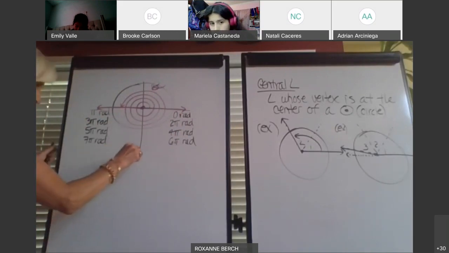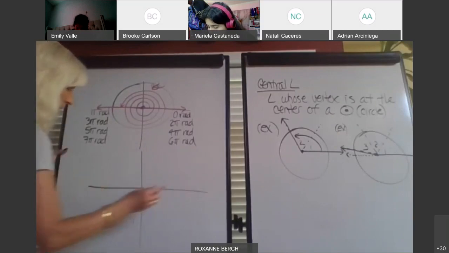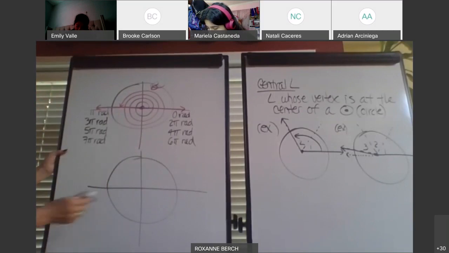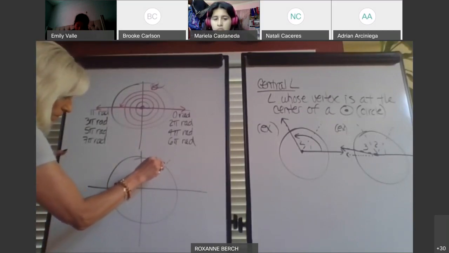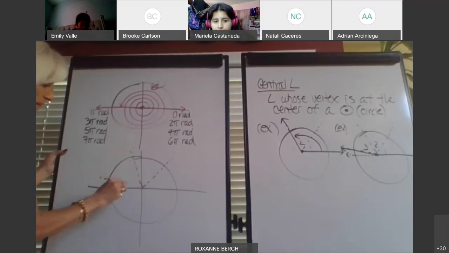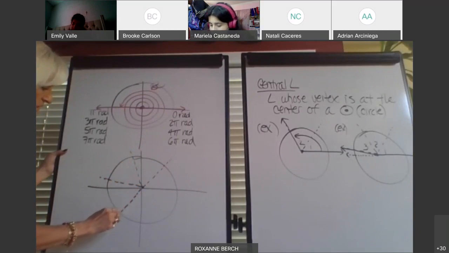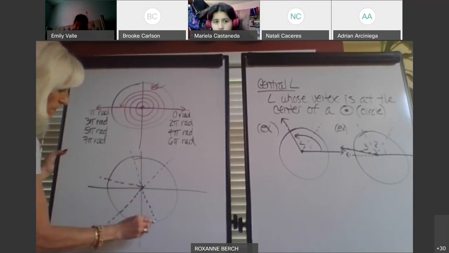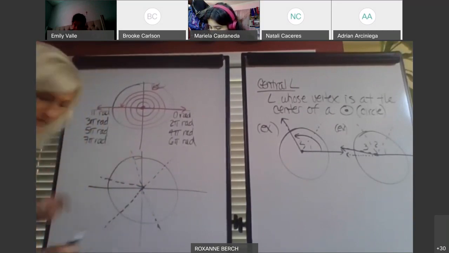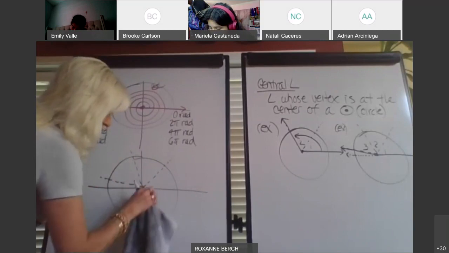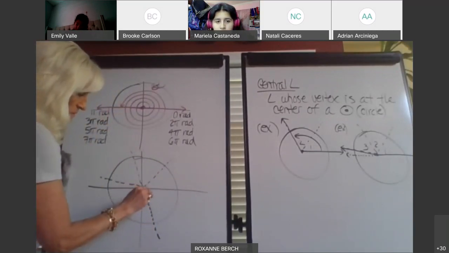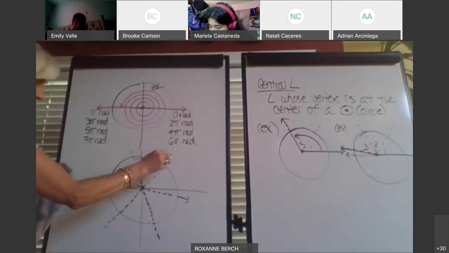One thing that'll be useful, I'll draw one more picture here. There's your 1 radian, 2 radians, 3 radians, 4 radians, 5 radians, kind of off. Got to measure with your hand. 5 radians, 6 radians.